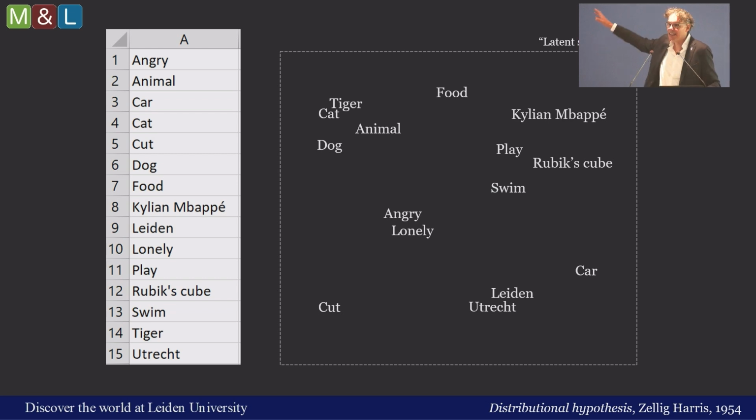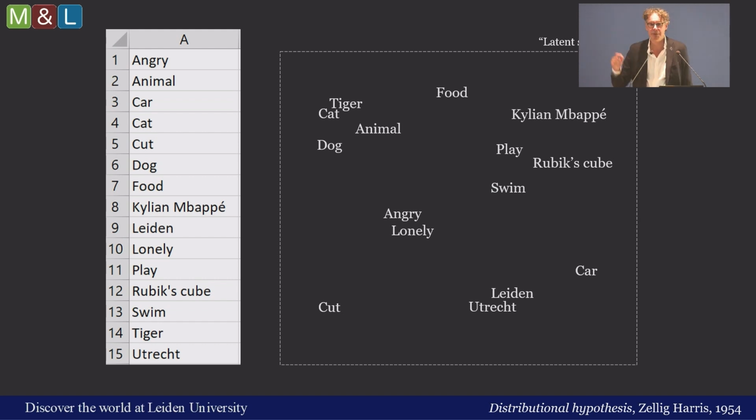Or the words Leiden and Utrecht. For those who don't know, Leiden is a Dutch city where I work. Utrecht is a Dutch city where I live, right? So in this space, it's here 2-dimensional, but you should imagine it's high-dimensional. If words are near together, their meanings are quite likely related. We call this space the latent space.